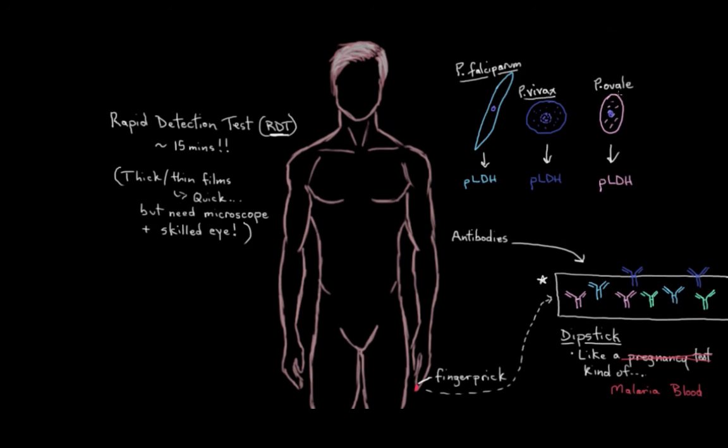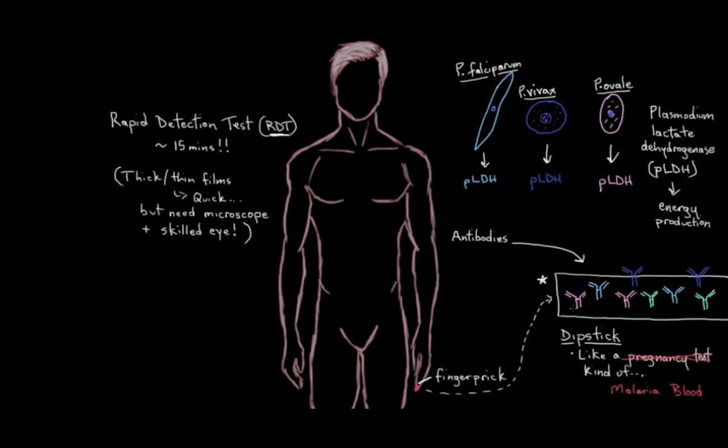So each subtype of Plasmodium produces a slightly different version of an enzyme that they all have, called Plasmodium lactate dehydrogenase, or PLDH. So this is an enzyme that helps the Plasmodium make energy to do all of its dirty work.